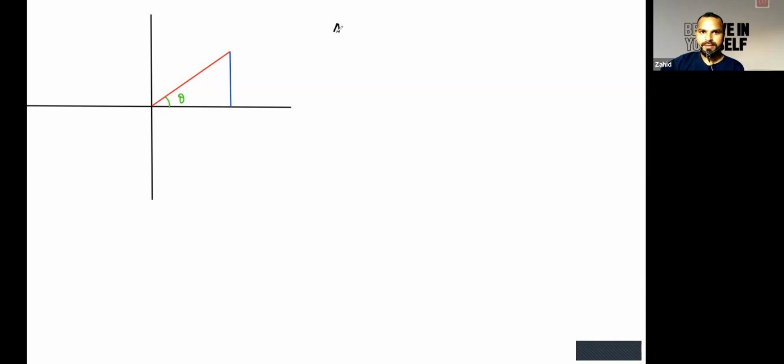So, angle is always measured with respect to the x-axis, or you would say the positive x-axis.